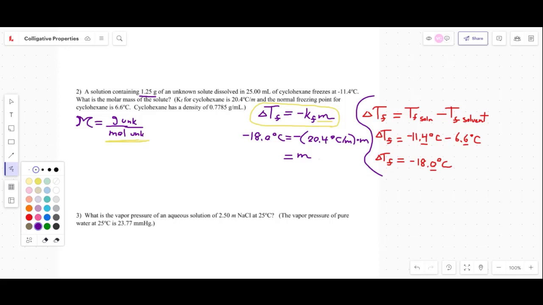Absolutely, very good. So negative 18.0 divided by negative 20.4. Negatives cancel out, and I get 0.882. Of course, I'll keep a couple extra sig figs because I don't want to round until the very end. 0.88235.